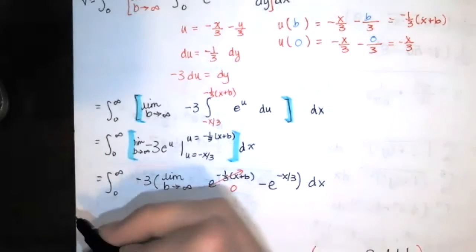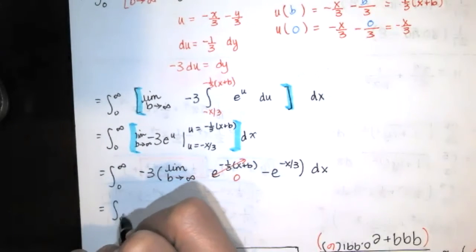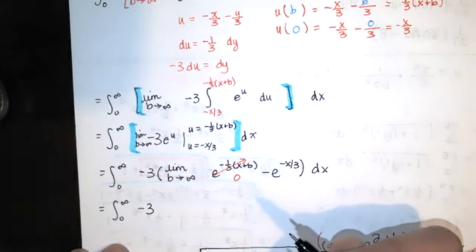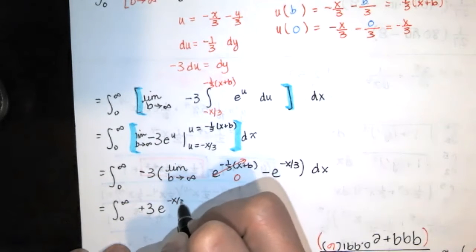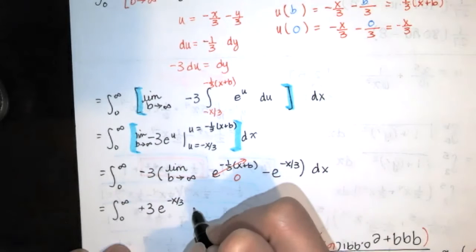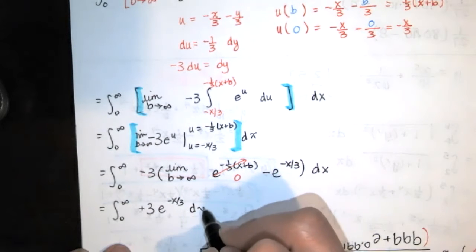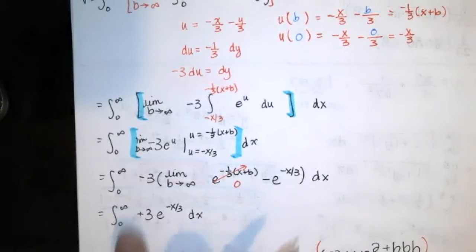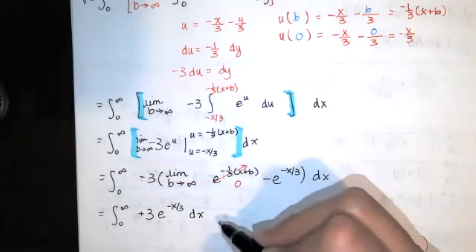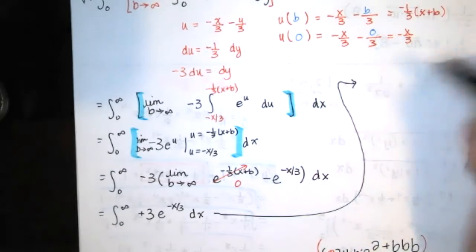So our integrand is this, the integral from 0 to infinity of -3 times that negative exponential. Negative times a negative is a positive. Some people will really have a hard time with me having that sign there. It just means +3 for right now. And then this is just a calculus 2 improper integral.